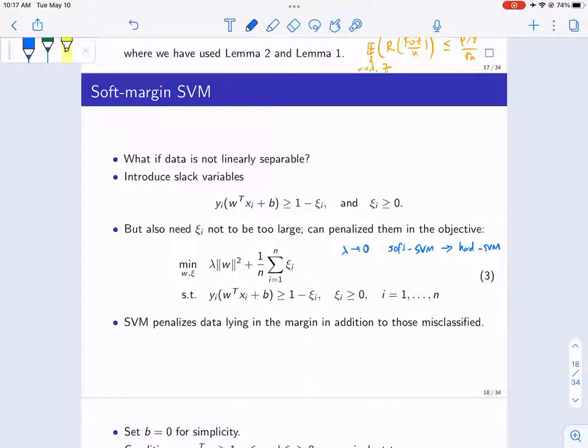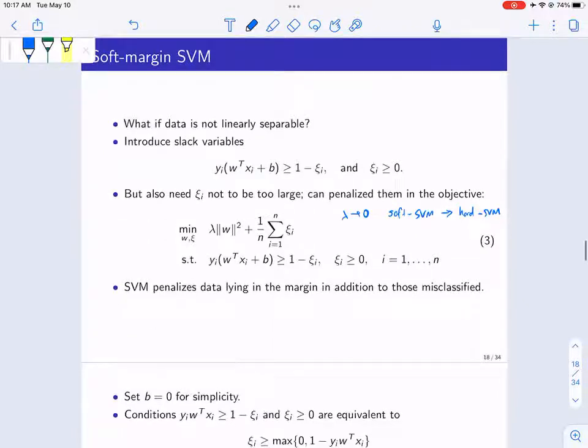If it goes to 0, penalizing the slack becomes very strict. If it goes to infinity, basically anything goes. This is as if it's not there, you can do anything you want. So lambda to infinity is not good. Lambda to 0 is like the hardest.